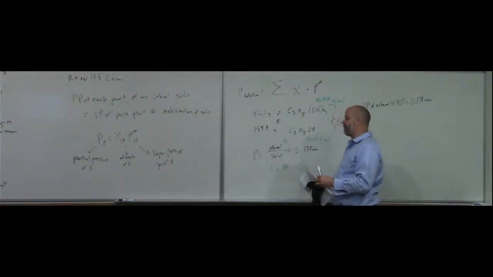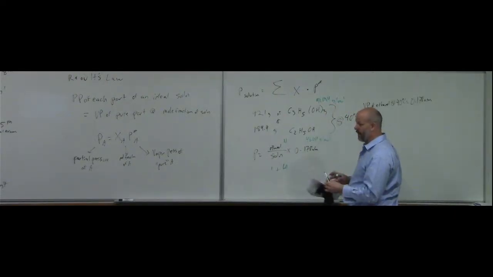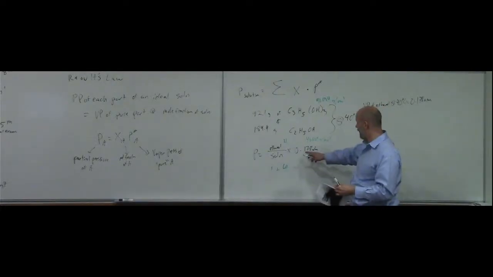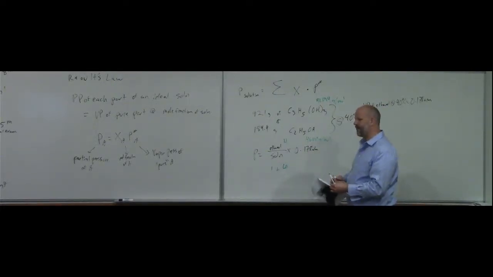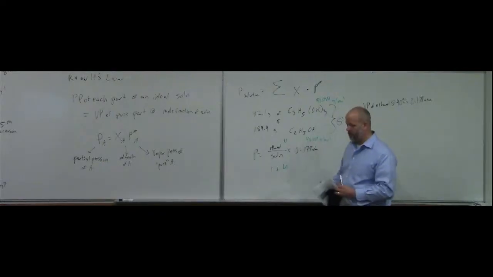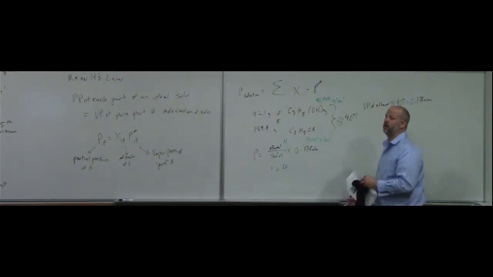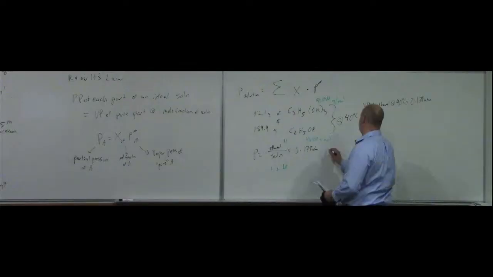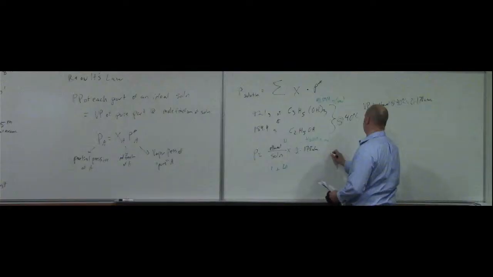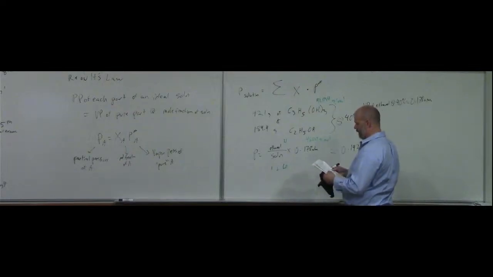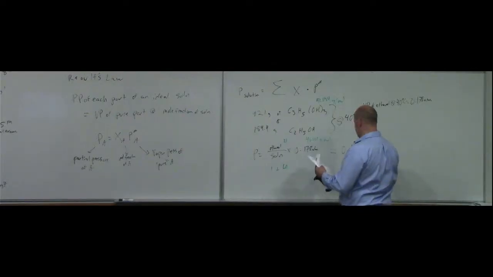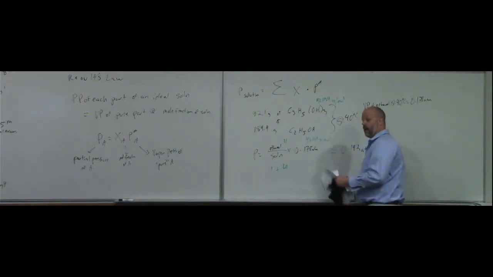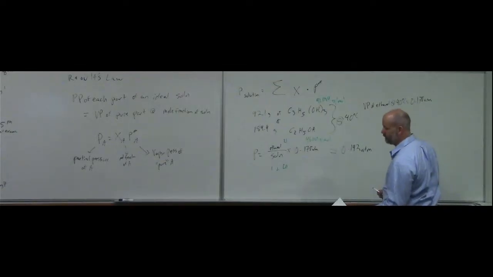So 4 divided by 5 equals 0.8. 0.8 times 0.178 atmospheres is going to give me my new vapor pressure. Okay. Is that the correct answer? It is 0.142 atmospheres. Okay. Good. Let's do another one.